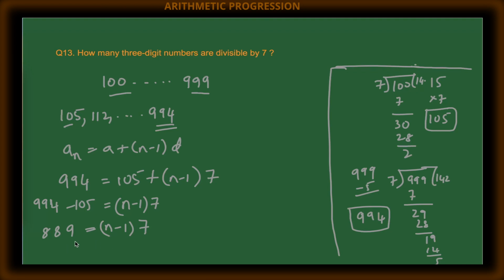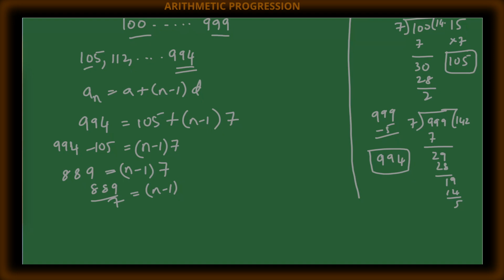So 889 divided by 7 is equal to n minus 1. Let's see how 7 goes into this. It comes to 127, so 127 is equal to n minus 1.